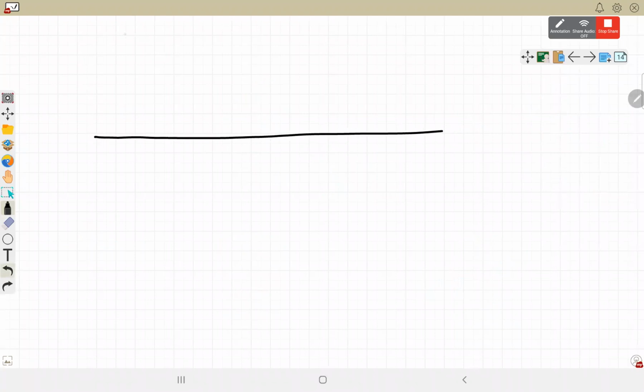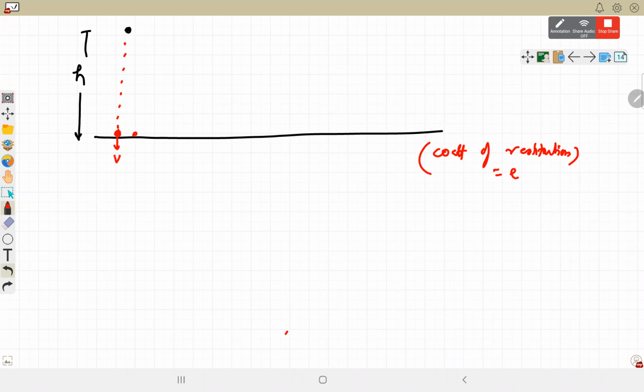Similar type of question has been asked. Suppose we drop a ball from height h on a floor. After the third bounce, how much height does it go if the coefficient of restitution is E? When the ball comes down under gravity, it acquires some speed V before striking the floor. After collision, it becomes E times V. Since E is always less than 1, it will go to a lesser height.